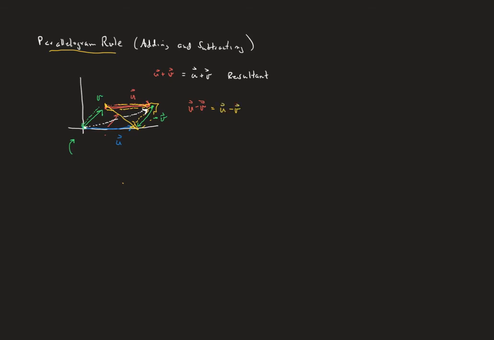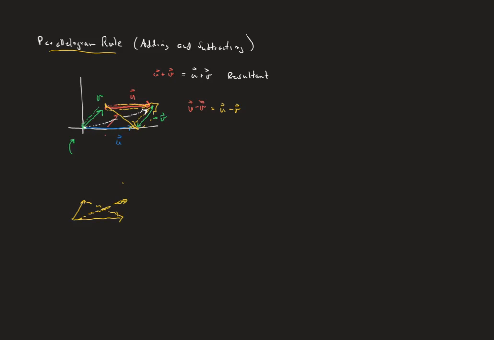So what we see from the parallelogram rule is if you take two vectors and you write them in standard position, one diagonal is the sum, and the other diagonal is the difference, the subtraction of those two vectors.